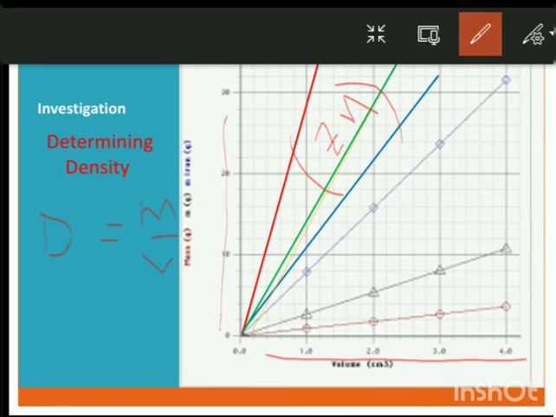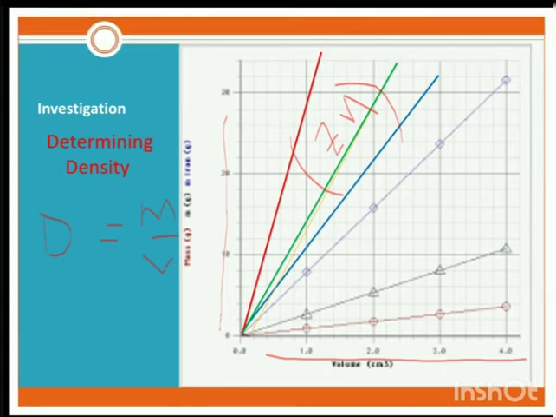So the first thing, take any point here in this green line. For example, if I want to take this point, I will make a line that will cross the volume x-axis, and I will make a line that crosses the y-axis.